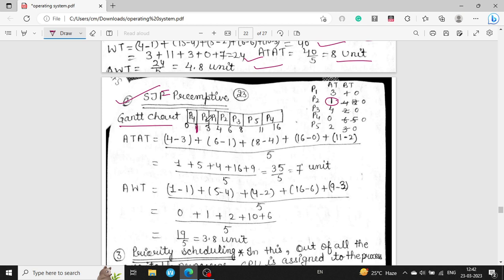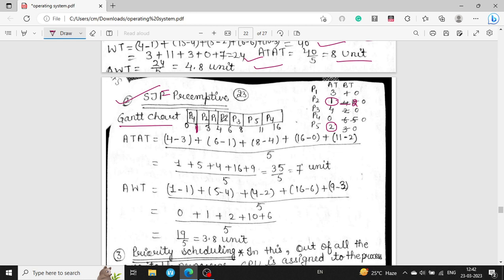When we write P2, we see that the next process came at 2 seconds. So here we cut 4 out of 4: 2 seconds used by P2 and 2 seconds remaining. It will be used after some time.